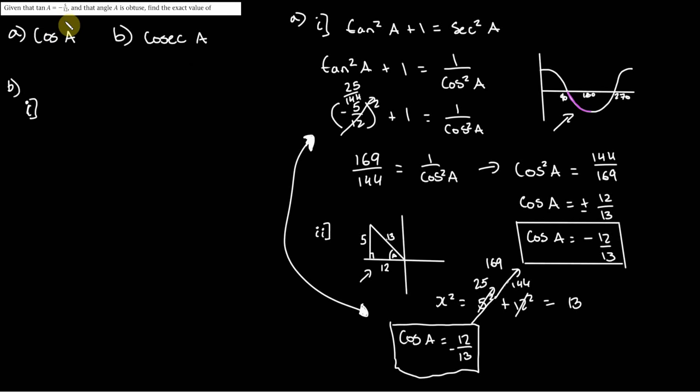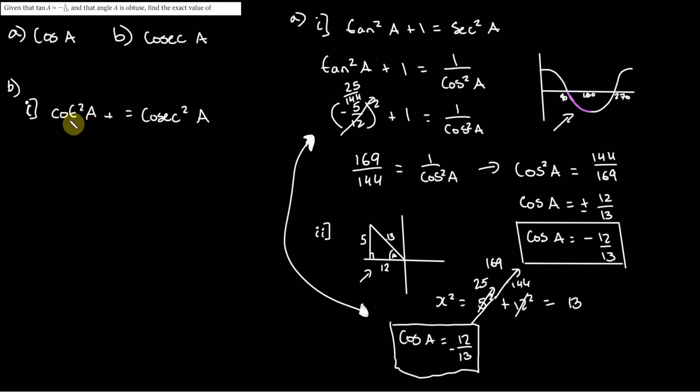So let's think of an identity. What links tan and cosec? Well, what stands out would be cot squared theta, or in this case angle A. So cot squared A plus 1 equals cosec squared A. I keep wanting to write theta.